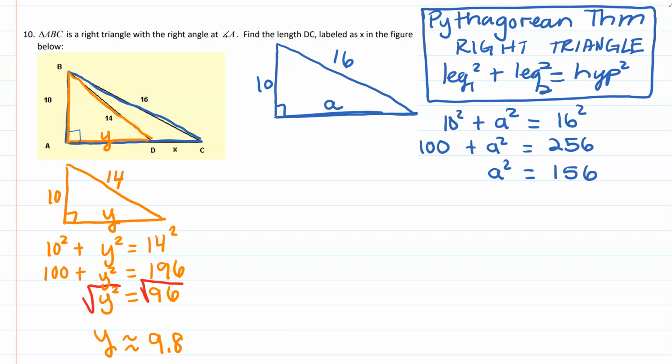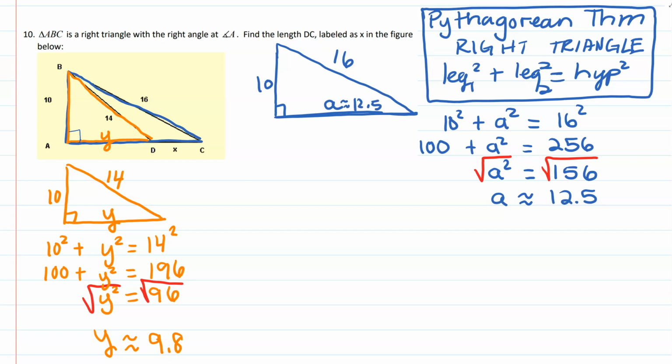That is a squared equals 156. In order to undo the square, we square root both sides. So a would be approximately 12.5.